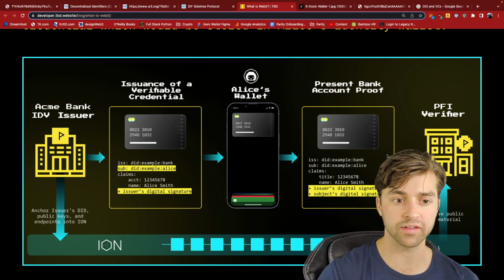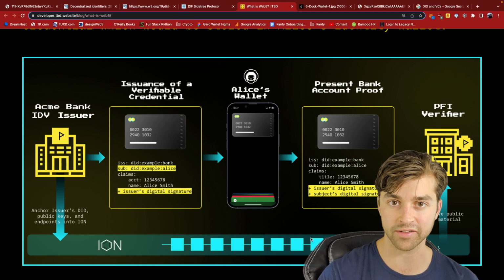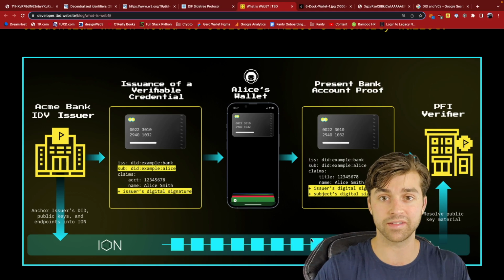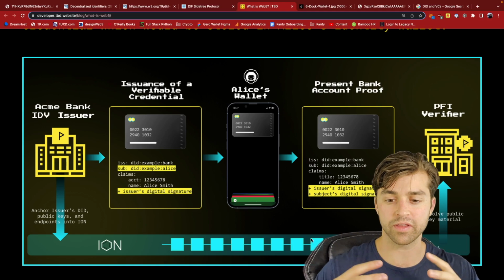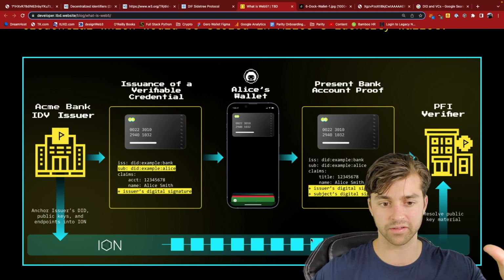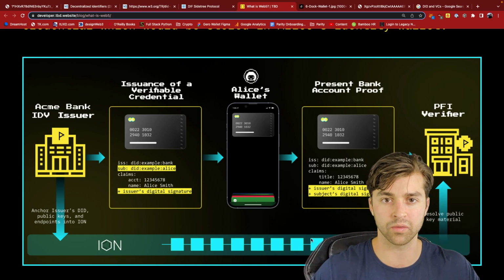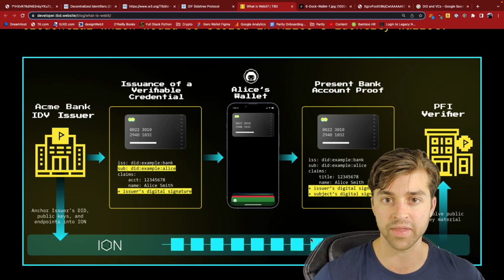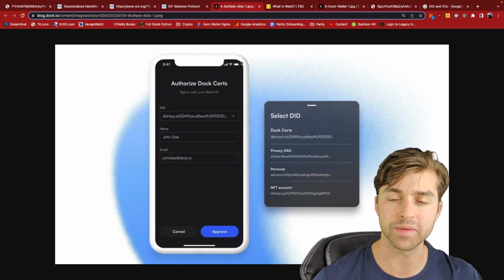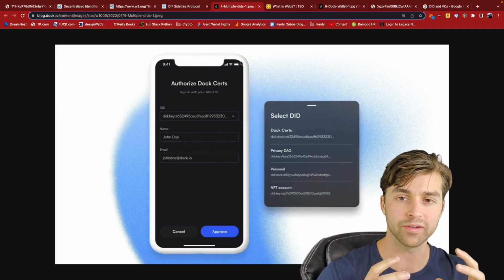So it uses these DIDs and it queries the verifiable data registry to get my DID document and then the bank's DID document. And within those DID documents are our public keys, and so it can say, okay, here's a digital signature, here's a public key, and it can check through cryptography that that was a valid digital signature.